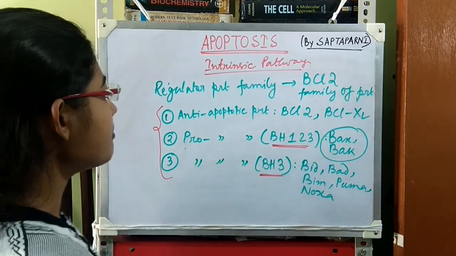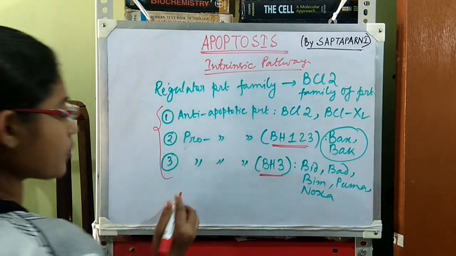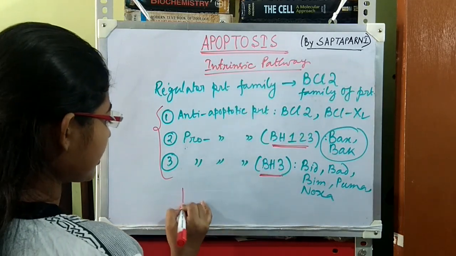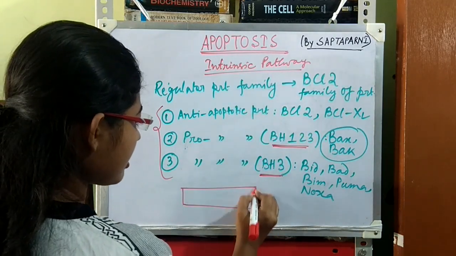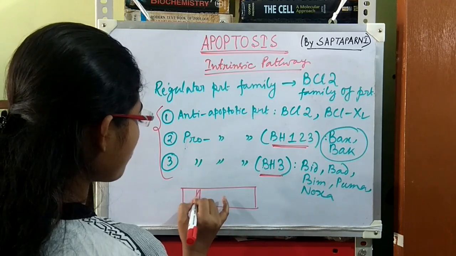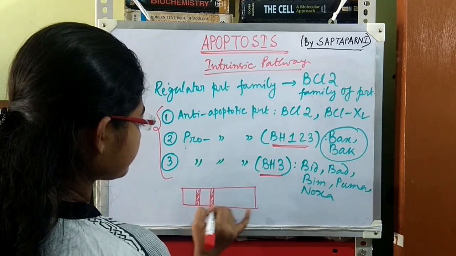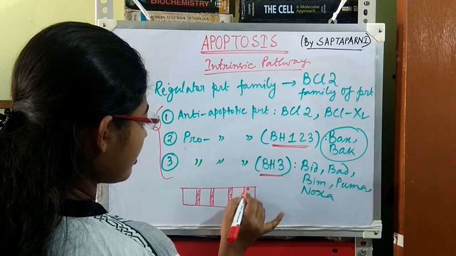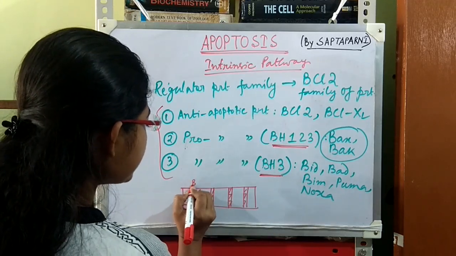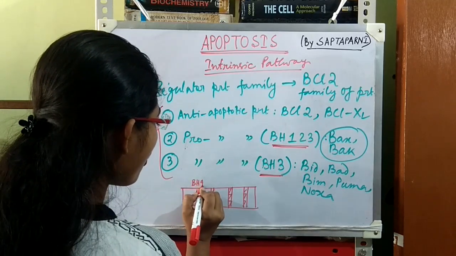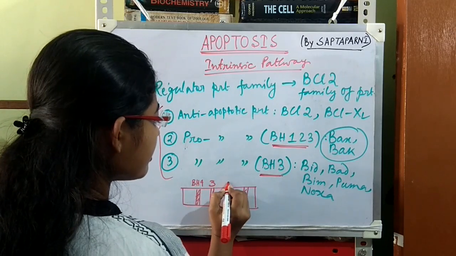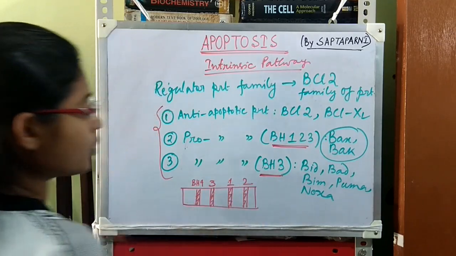Now, why these names, BH123, BH3? Because all of these proteins, the BCL2 family proteins, have 4 homology domains, known as BH4, BH3, BH1 and BH2 domain.